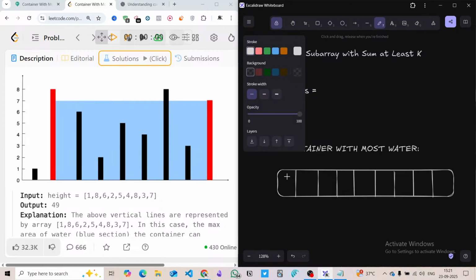The first value is 1, then 8, 6, 5, 4, 3, 7.